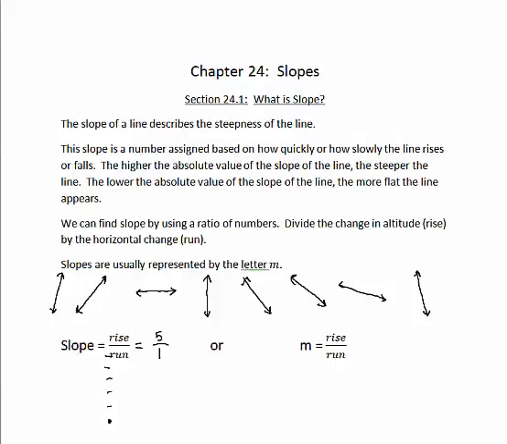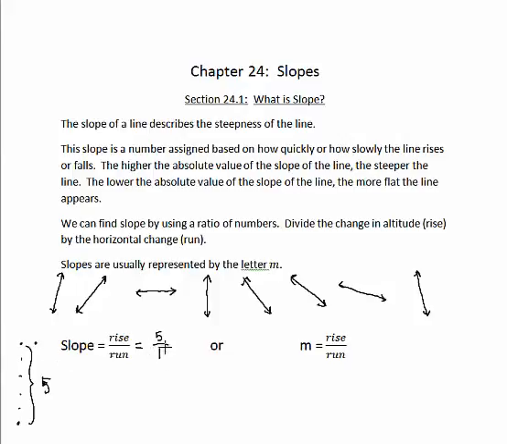I sort of ran out of room there, so let me move this over and draw it here. We can go up 1, 2, 3, 4, 5. This would be a rise of 5. And then we would go over to the right 1 unit. When we were graphing things on a number line, we said to the left is negative and to the right is positive.